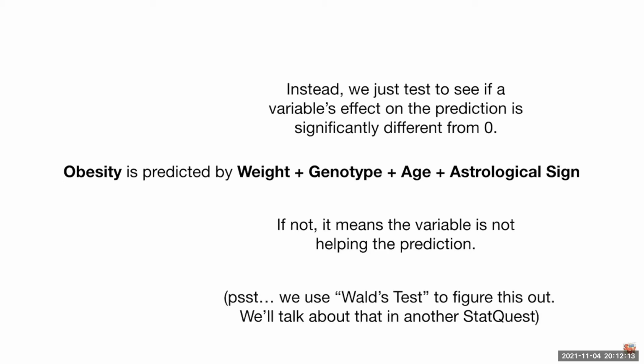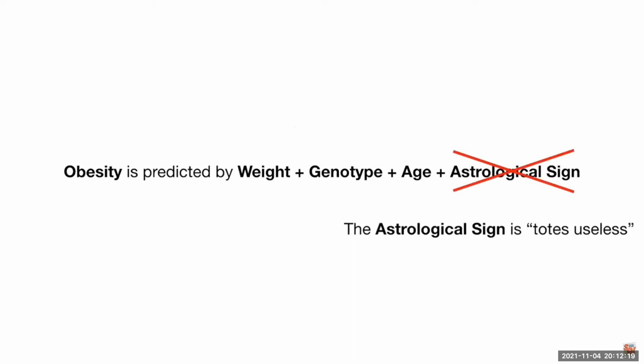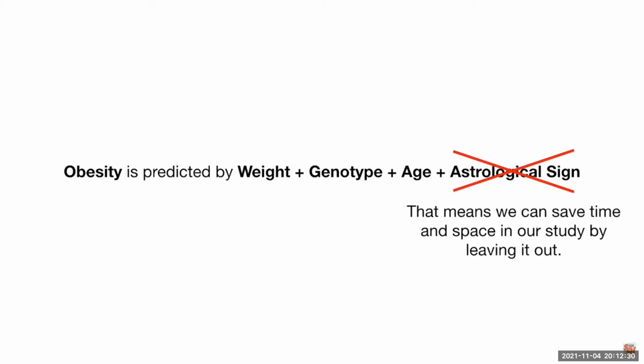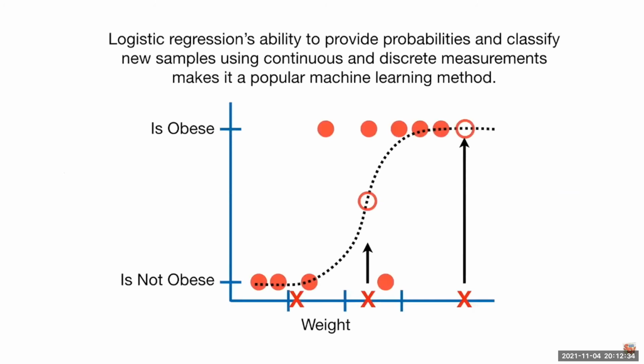We use Wald's test to figure this out. We'll talk about that in another StatQuest. In this case, the astrological sign is totes useless. That's statistical jargon for not helping. That means we can save time and space in our study by leaving it out. Logistic regression's ability to provide probabilities and classify new samples using continuous and discrete measurements makes it a popular machine learning method.